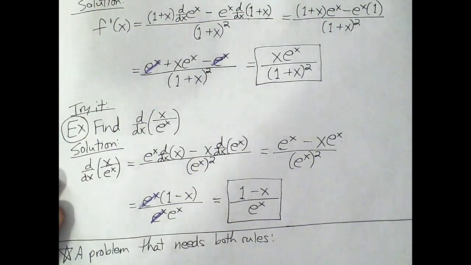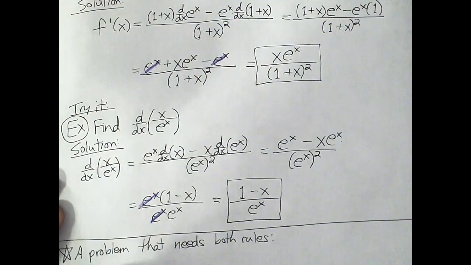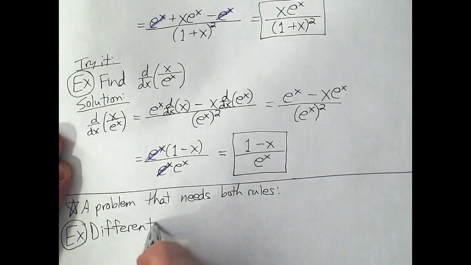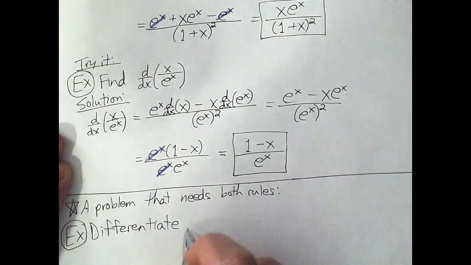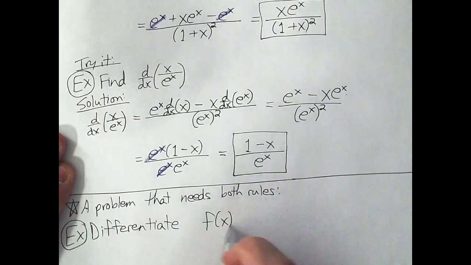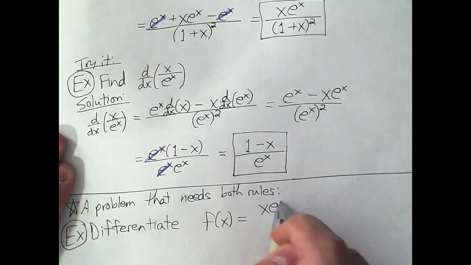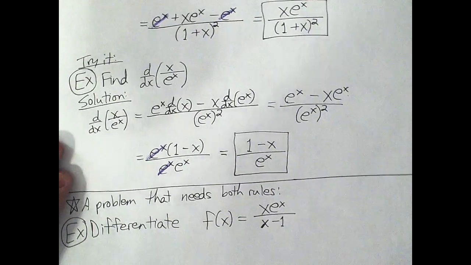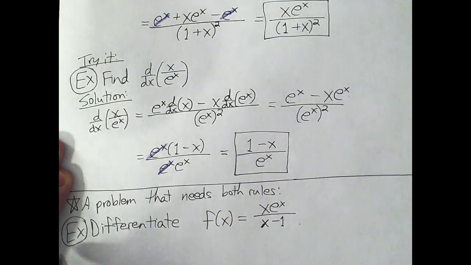And I'll do this one for us. This is going to say differentiate f of x equals x e to the x over x minus 1. That's x e to the x over x minus 1. So we'll go through each step.